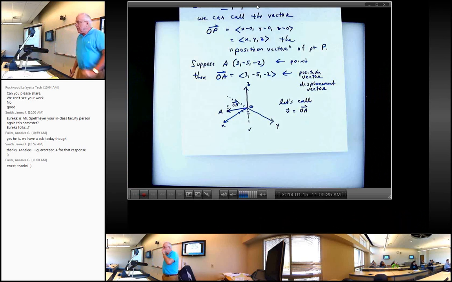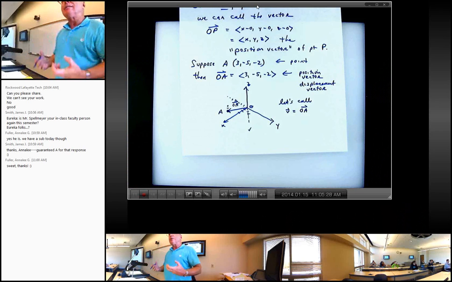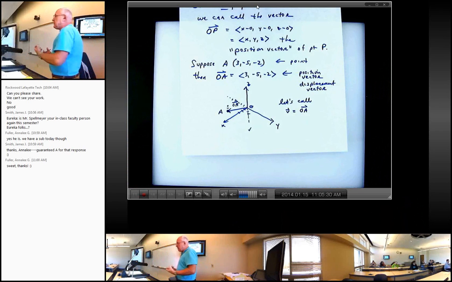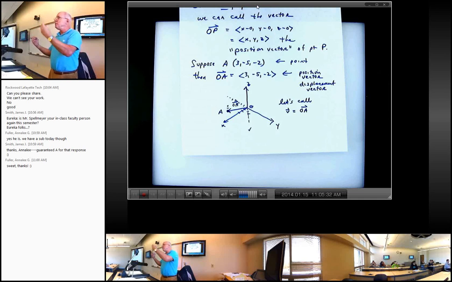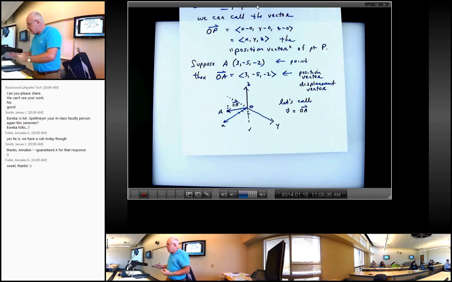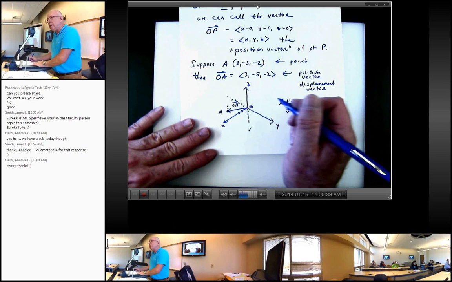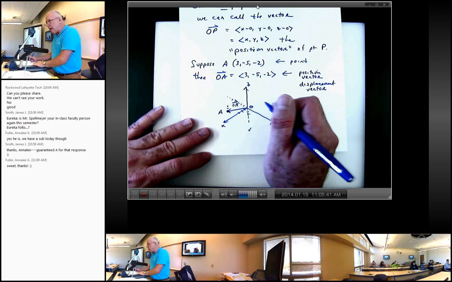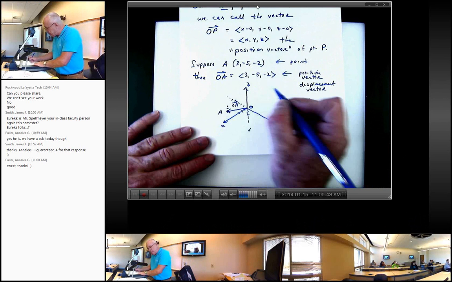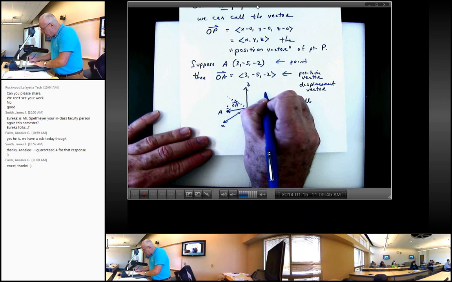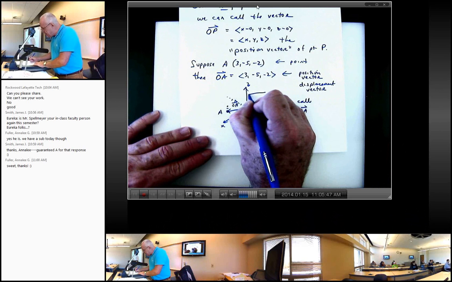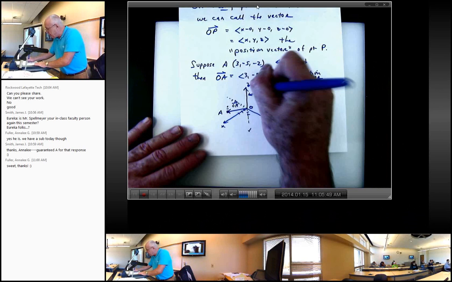Remember, vectors are not stuck in space. So even though this vector was determined by a point, this position vector, as long as we have the same size and direction, I can put this anywhere in space. So I could go up here, have something the same length, and this could also be my V vector.